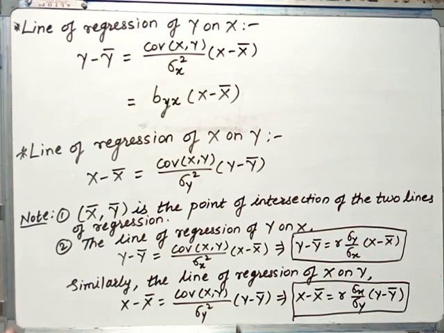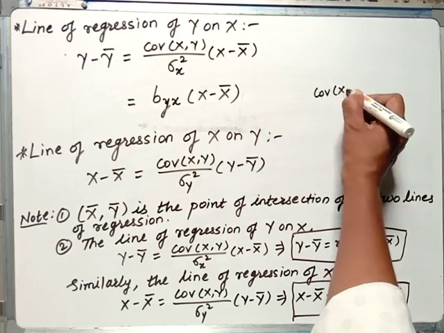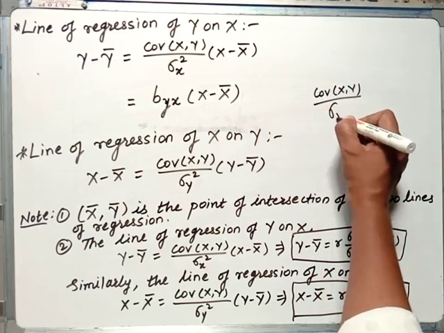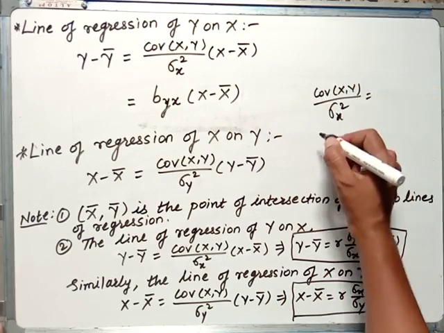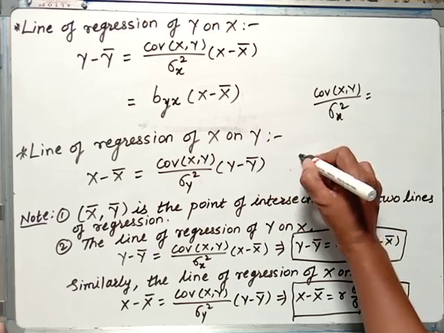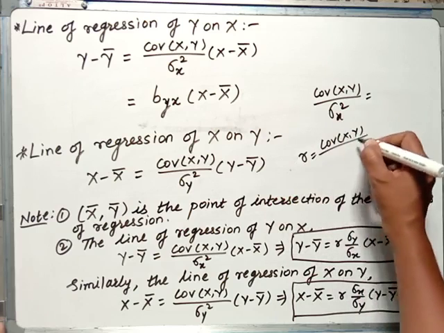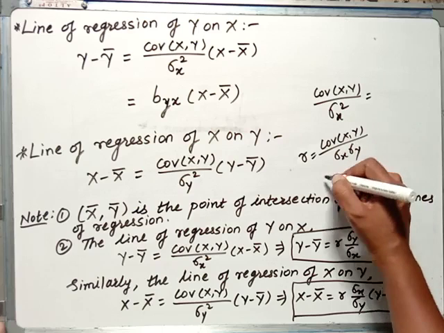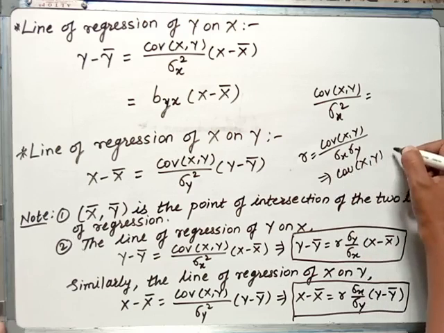Now here there may be a question in your mind, how can this be written as such, right? Look at here, covariance of x and y upon sigma x square. You know the result of covariance of x and y. What is R actually? R is covariance between x and y upon sigma x into sigma y. So from this we can write covariance between x and y is R into sigma x sigma y.